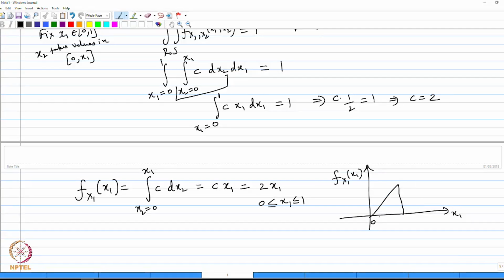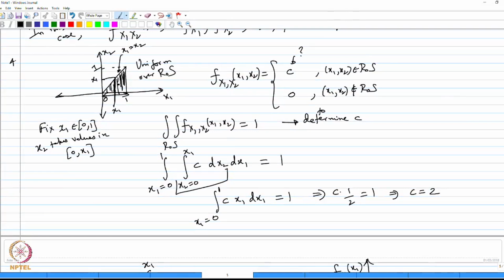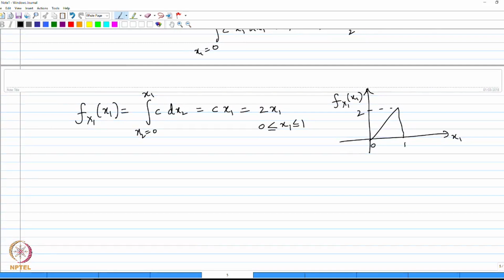It's the same distribution that I considered before, the triangle distribution. What do you think will be the marginal of x2? For x2, I have to integrate over x1. So let's look at that. f of x2 of x2, I have to integrate the same guy dx1.